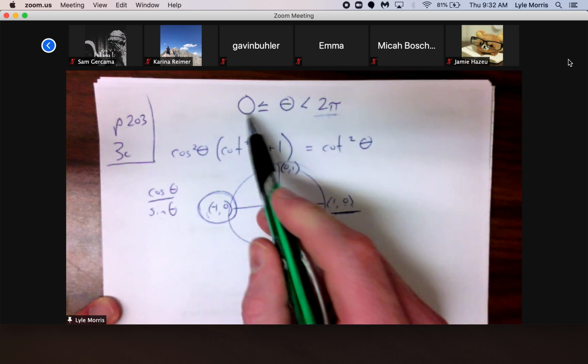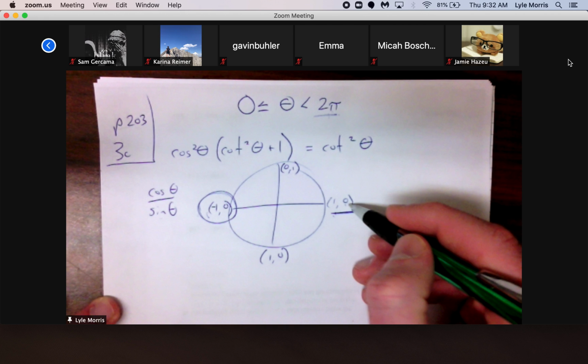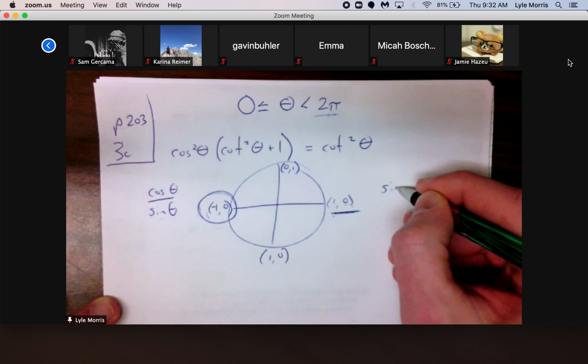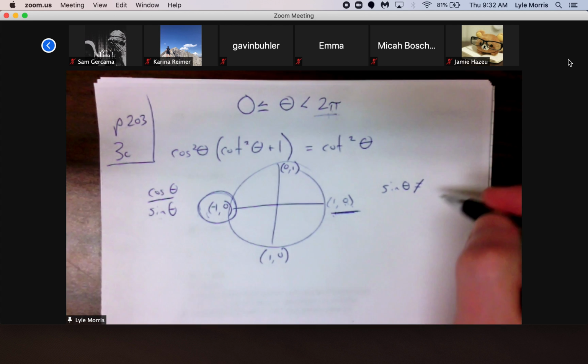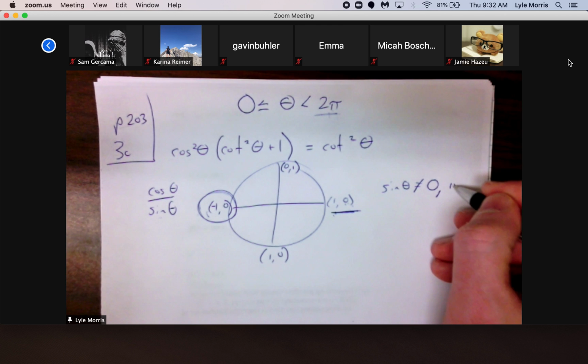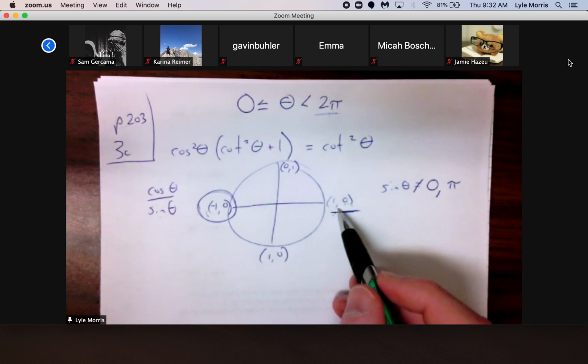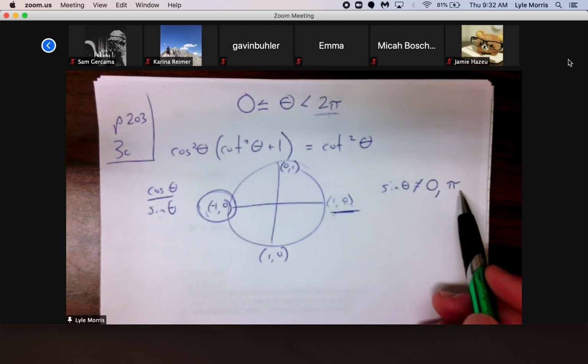It can include 0, can't include 2 pi. So sine of theta cannot equal, and if we're in radians, cannot equal 0 radians or pi radians. If this was an equal sign here, we would also have 2 pi there. Does that make sense?